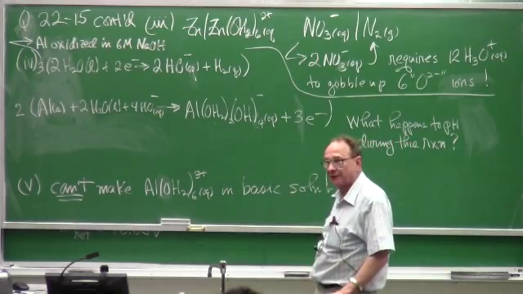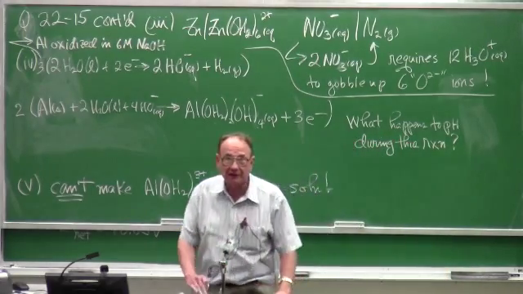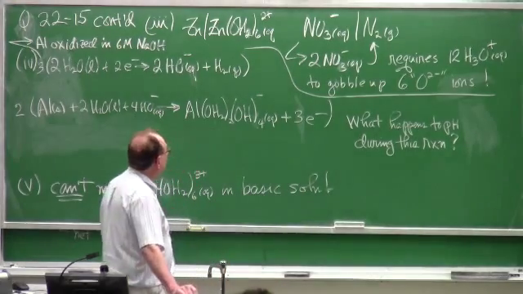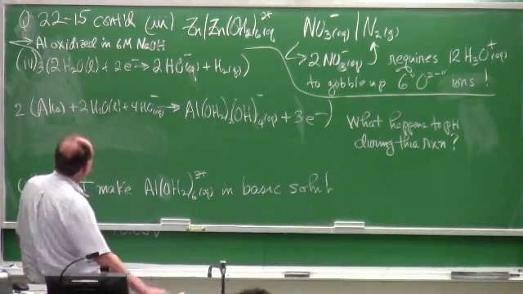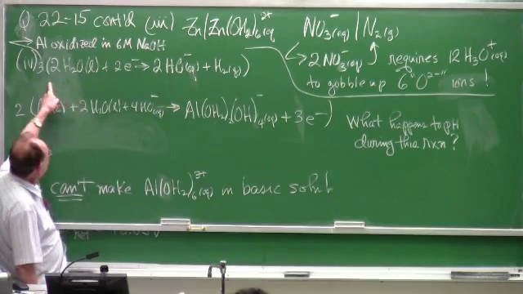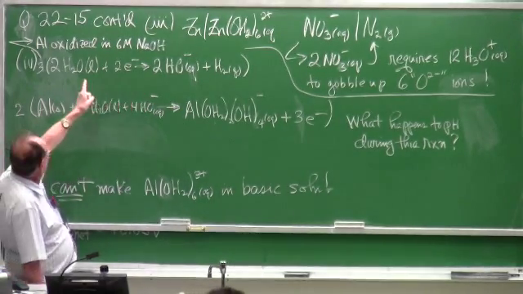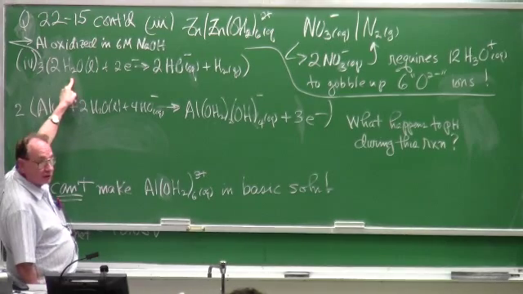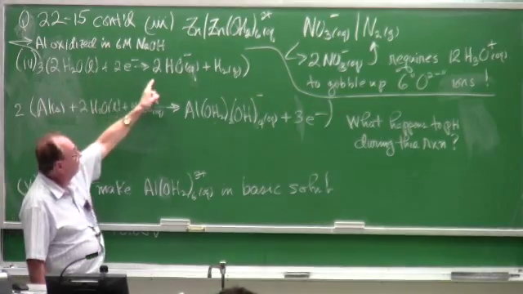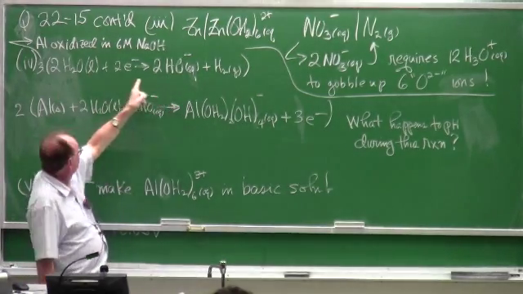But you didn't have to write the equation for the net cell reaction to recognize that. Because this thing as it stands shows that per mole of water reduced, you're making a mole of hydroxide ion.